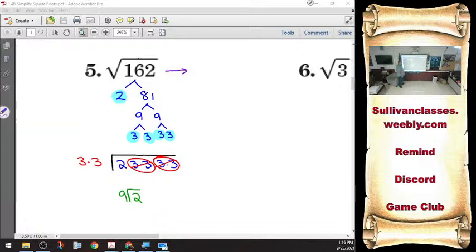Or if you had said 162, all right, look at my perfect square list. 144. 162 divided by 144. No. 121. No. 100. No. God, this is 81. Ooh. 81 times 2. Oh, wait.